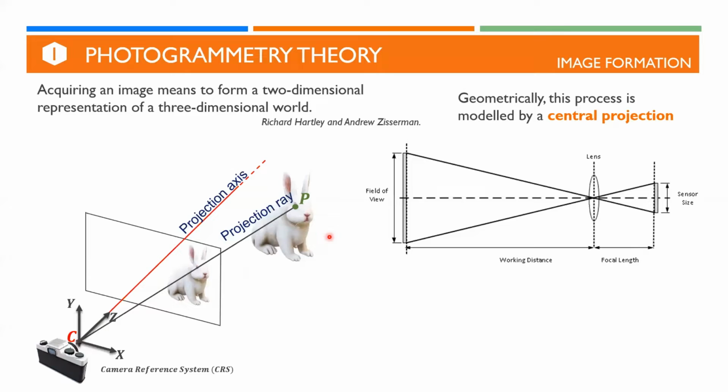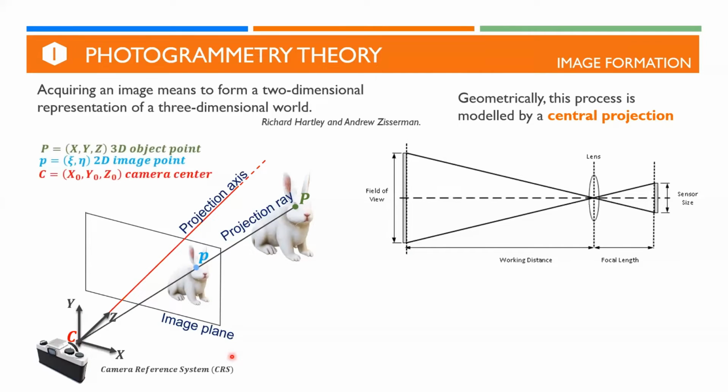And then we have two different points. This one, which is P in uppercase, which is the point on our real object, so the point in the real world. And then we have the point, which is the projection in our image plane. So the point in reality is back projected here through this projection ray into our camera center.